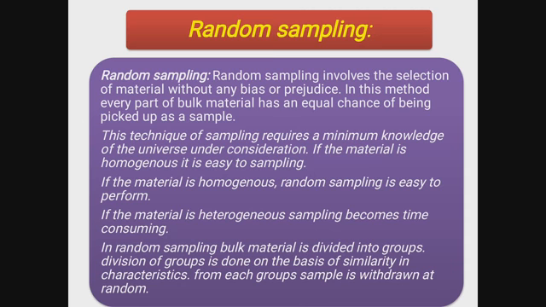This technique of sampling requires only minimum knowledge of the universe under consideration. During the sampling there is no need of deep or clear knowledge of the universe, how the sample is made, or what type of components are in it.